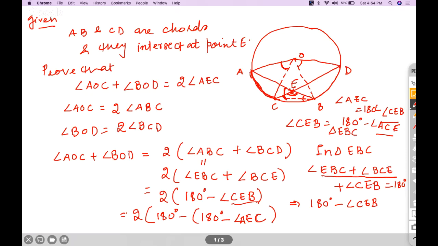Once again, I have made a mistake here. Once again, guys. So this can be written as AEC. So I have written here AEC. So now this 180 is gone. This can be written as 2 times angle AEC. So this is how this question has to be done.